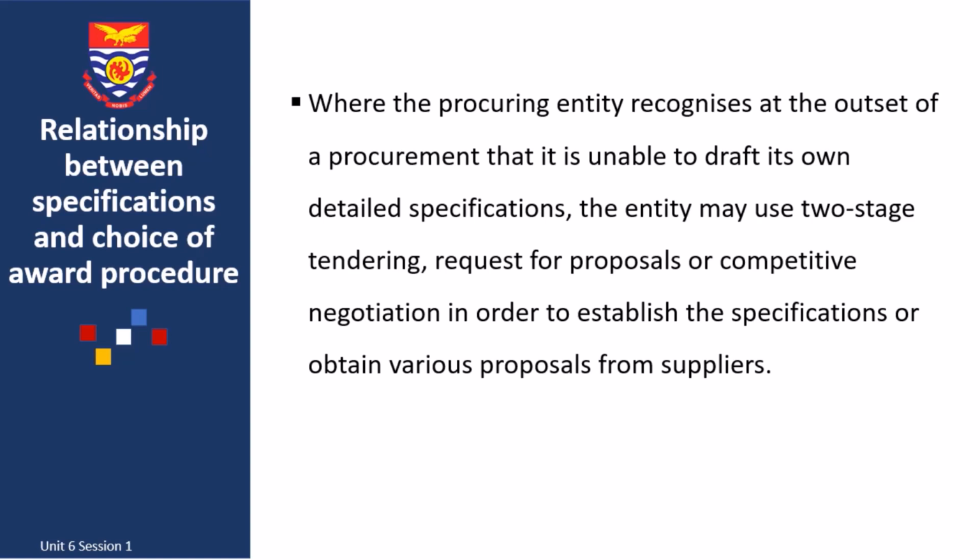But if the organization cannot feasibly and justifiably formulate technical specifications for the product, the ideal method of procurement could be either single sourcing or two-stage tendering. In fact, competitive negotiation is also an ideal method of procurement, based on the jurisdiction being considered.